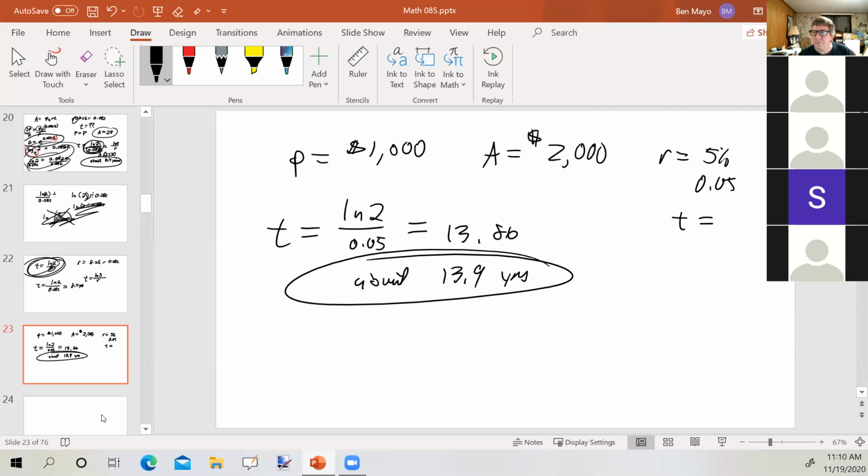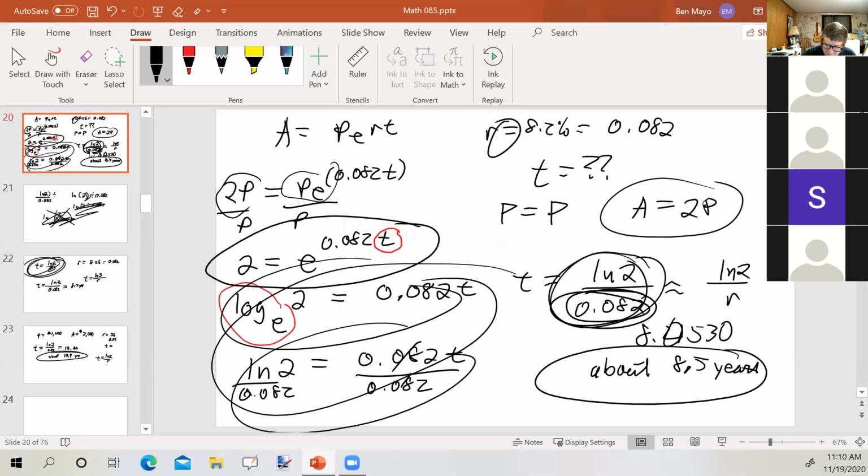Okay. So that works when you're going to double a population or an amount. And if it's growing continuously, you can use this formula. You can always do it the long way, which is what I did here, but you end up with the same result and it takes you less time. All right, any questions on that?